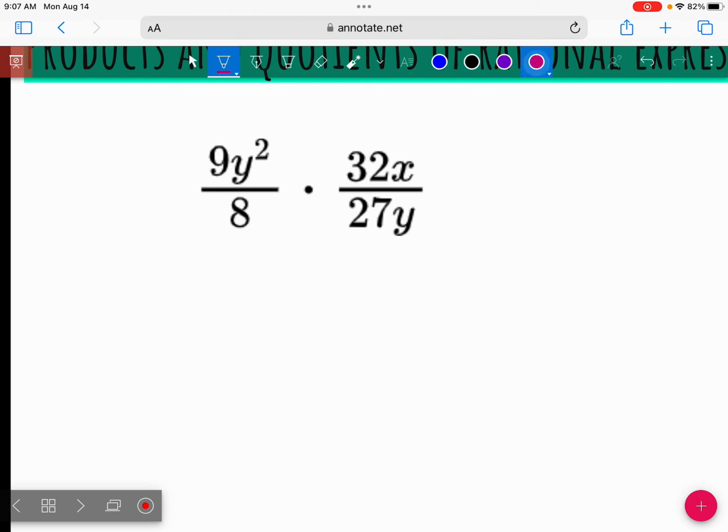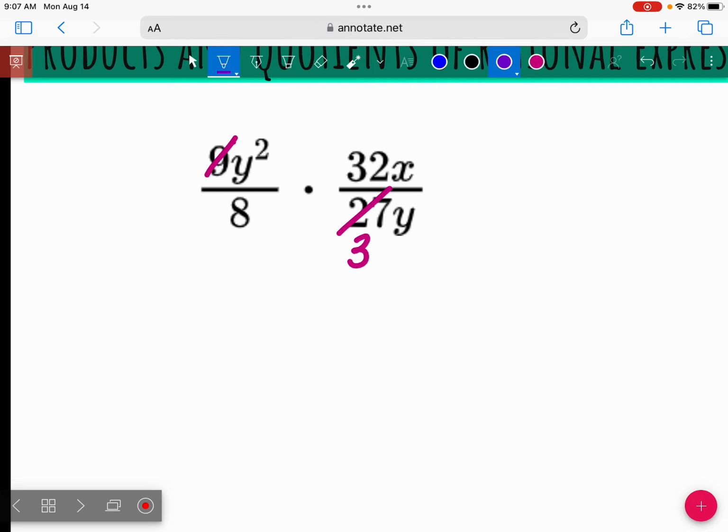And we're multiplying, so we're going to multiply across. We can also simplify a little from here. What can I simplify? The 9. What does the 9 cancel out with? Part of the 27, leaving us with how many left? 3.